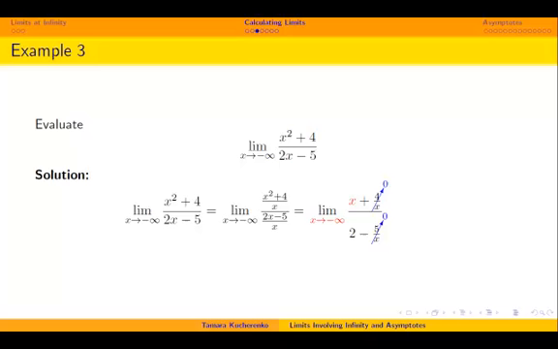So here we have a large negative number divided by 2, which is again a large negative number. Therefore, the limit is negative infinity. In this case, the numerator outstripped the denominator. This is because the highest power of x in the numerator is greater than the highest power of x in the denominator.